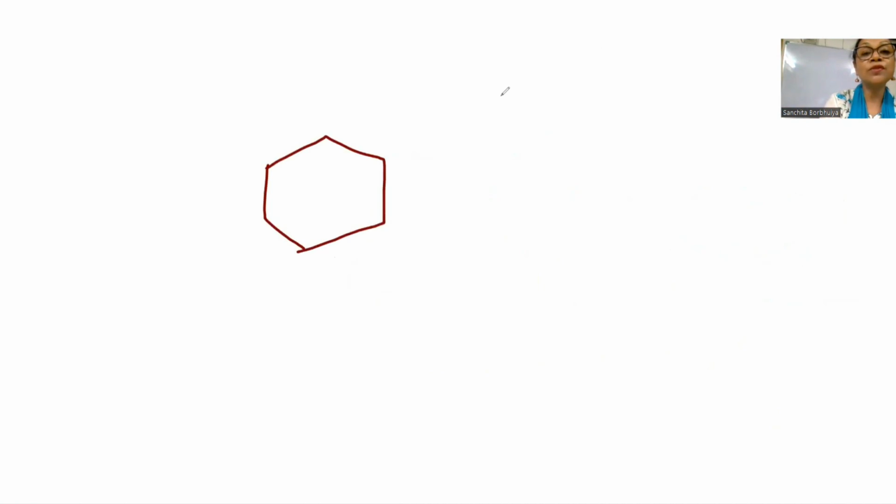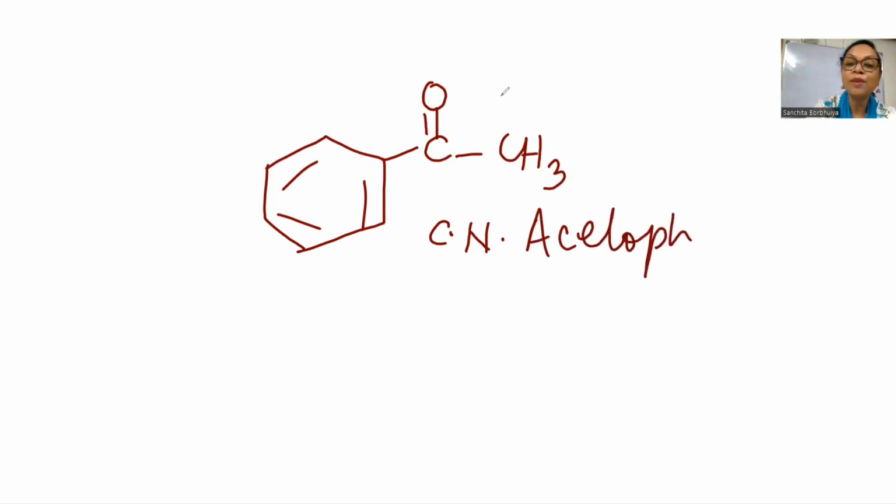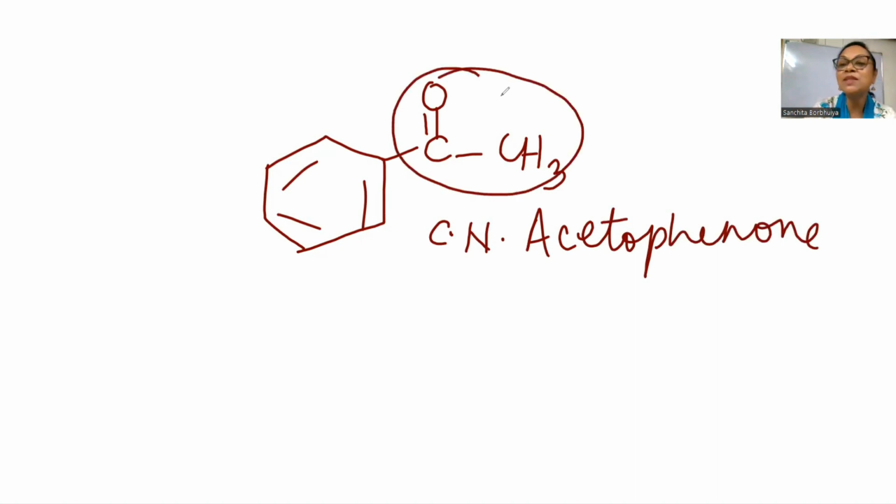The first aromatic ketone which we can have is this. And very popular compound to be asked in a lot of exams, including the boards. So common name is acetophenone. This is the acetyl group. Acetyl means COCH3.